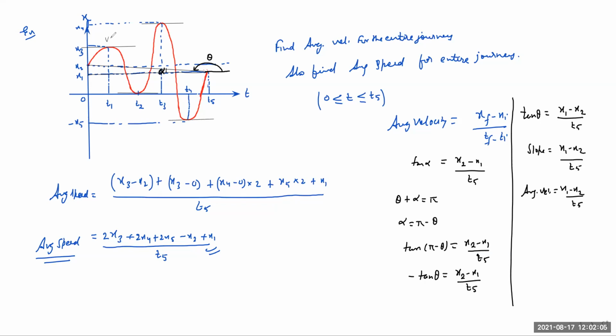It means velocity is also 0 because that's the definition of slope. So every point where the velocity is 0, you will get a slope parallel to the x-axis, that is the t-axis in this case. Understood?